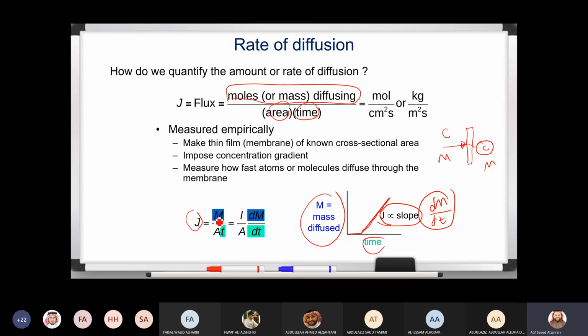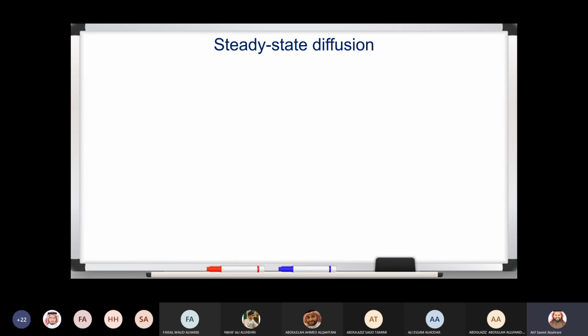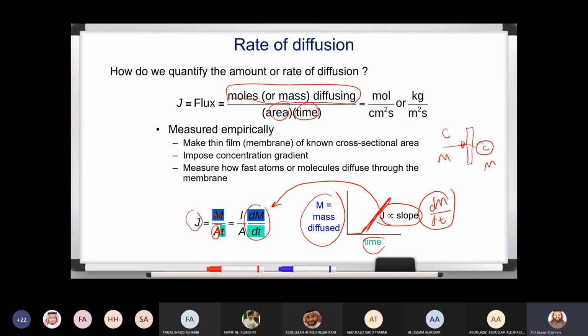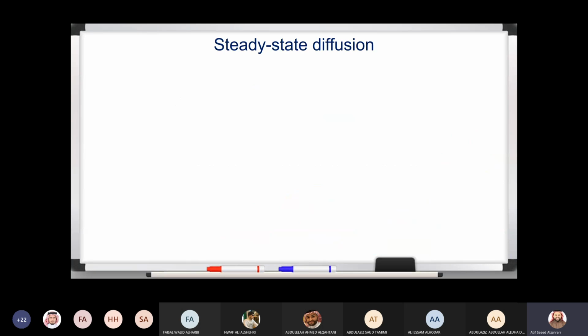The flux J equals M divided by A t. The area A we know, and dM/dt we can take as the slope from here and substitute to find the value of the flux. So this is just a general experimental way to quantify the flux. But we are interested in how to find it theoretically, from calculation, because we can't do experiments here.